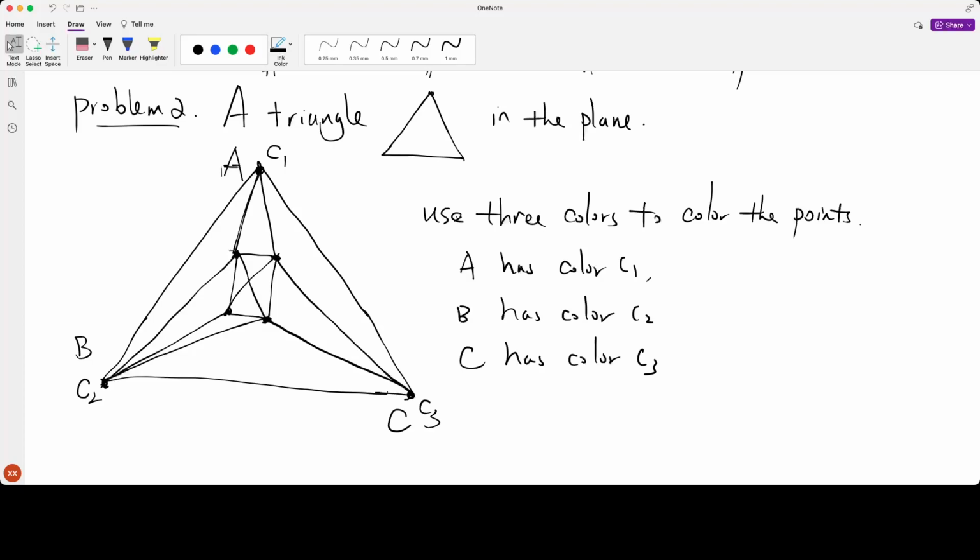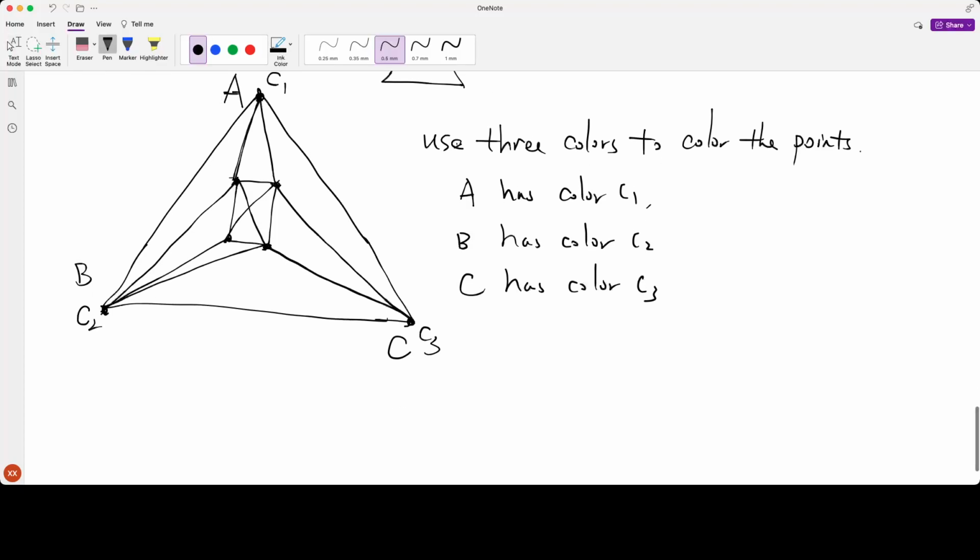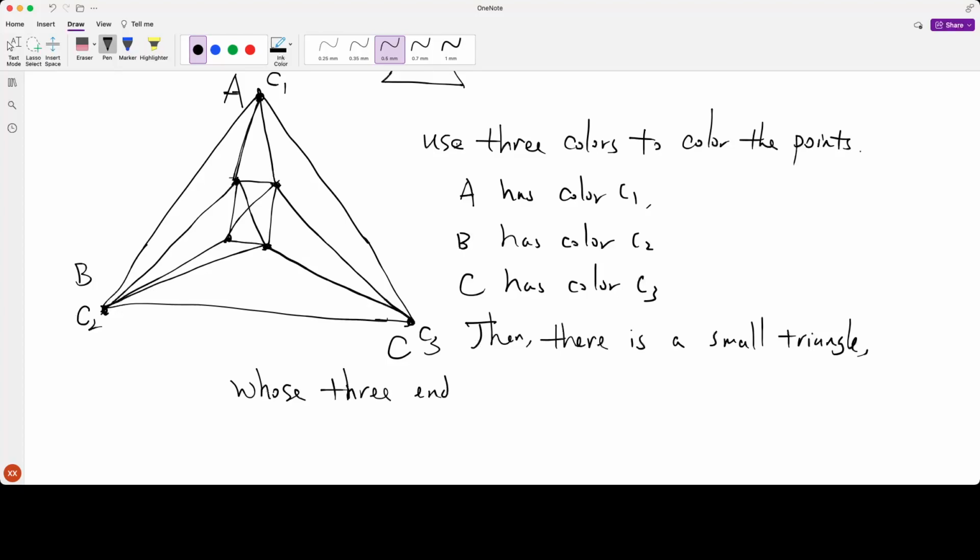So conclusion. There must exist a small triangle whose 3 endpoints have different colors.